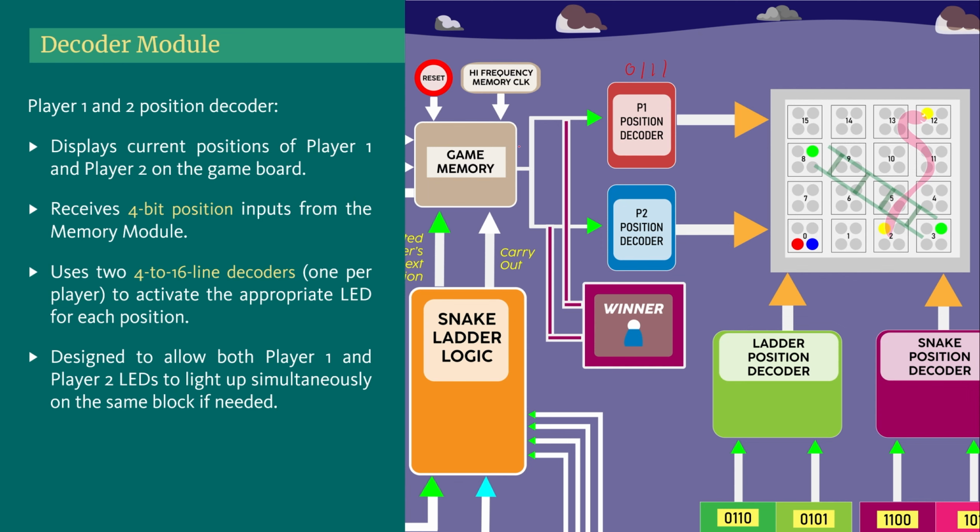This is the current position in game memory for player 1. This goes to the player 1 decoder, and the player 1 decoder lights up the respective LED for 0 1 1 1. Similarly, the player 2 position decoder lights up the LED for player 2's position.